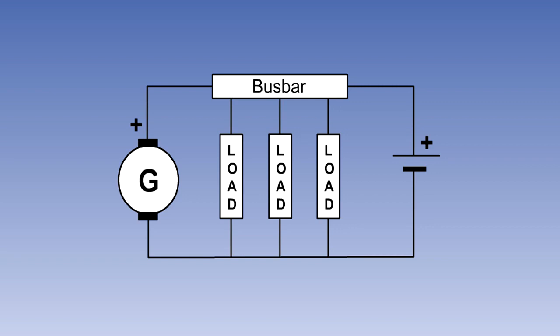The generator, battery and loads are all connected in parallel. Parallel connection ensures each load is individually controllable and receives the same voltage. The generator voltage is maintained slightly higher than that of the battery voltage to maintain the battery fully charged.